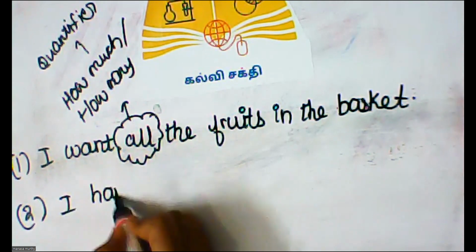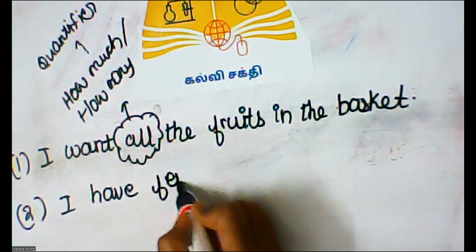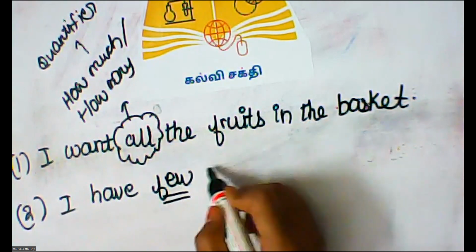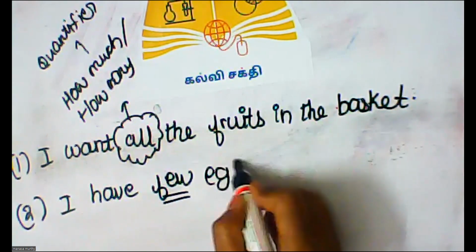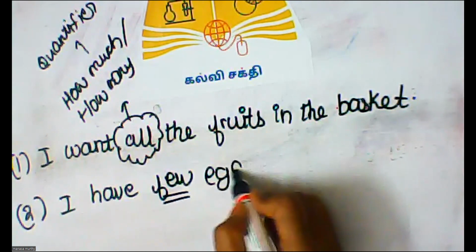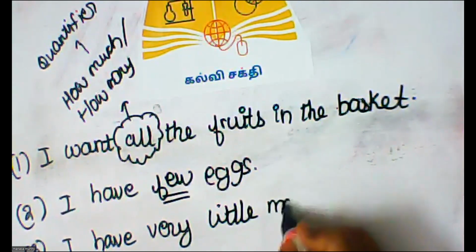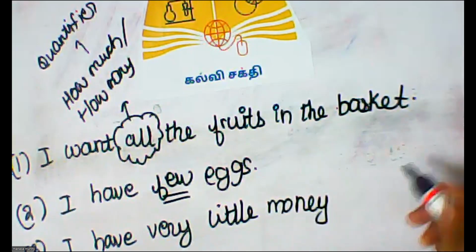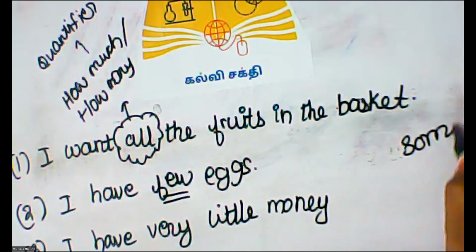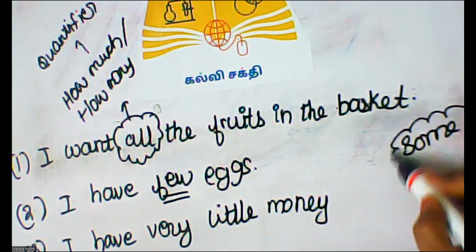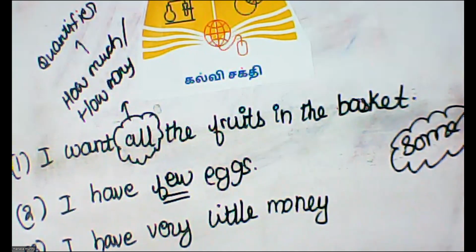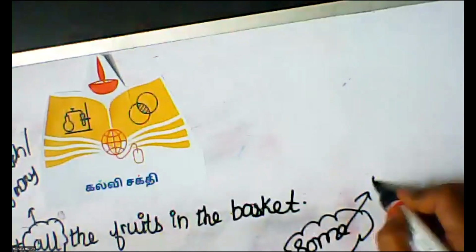I have few eggs. I have few eggs. I have little money. So these kinds of quantifiers are used for uncountable nouns.